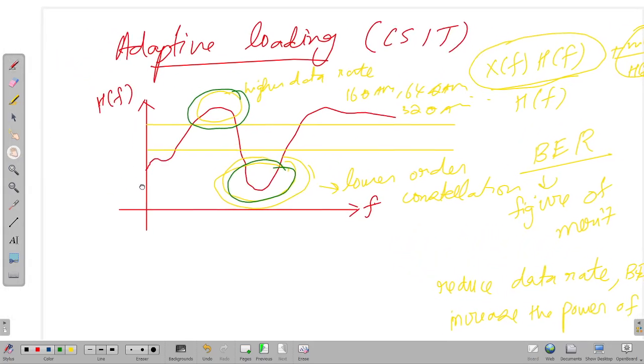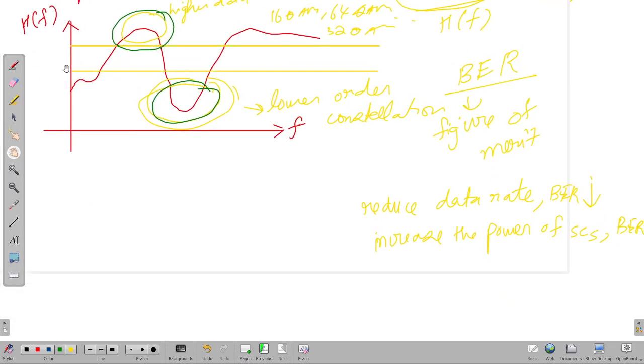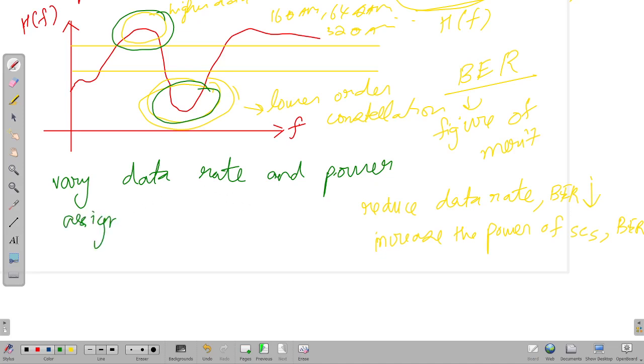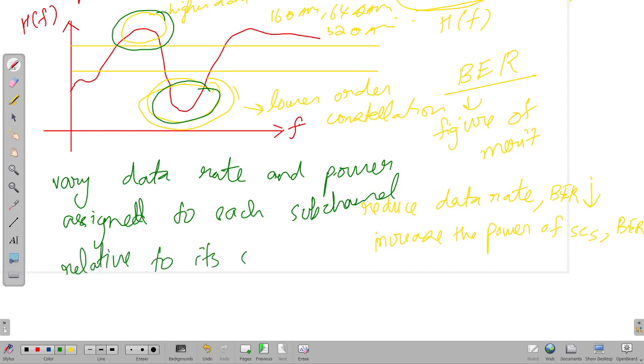So I think with this, the idea of adaptive loading is clear. Adaptive loading simply means that you vary the data rate and the power assigned to each subchannel relative to its subchannel gain.